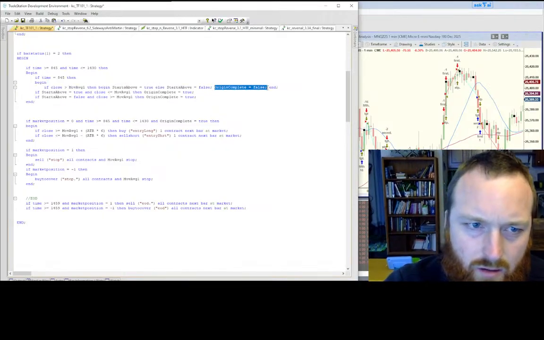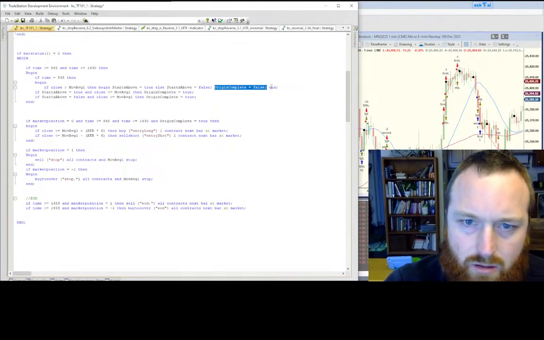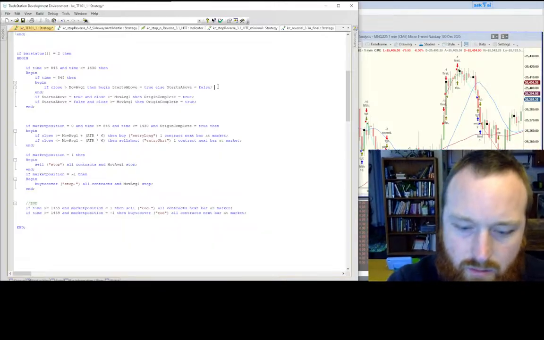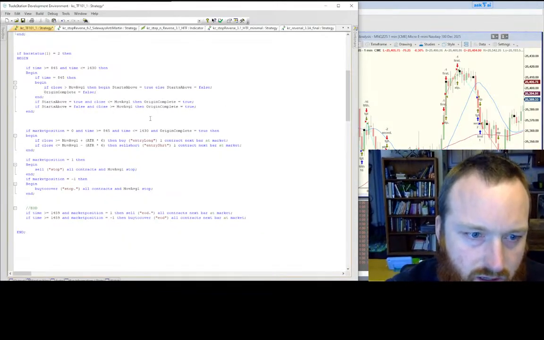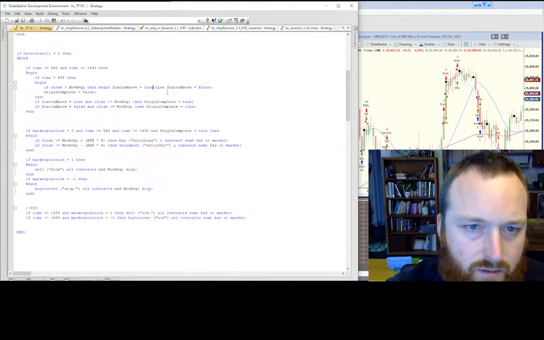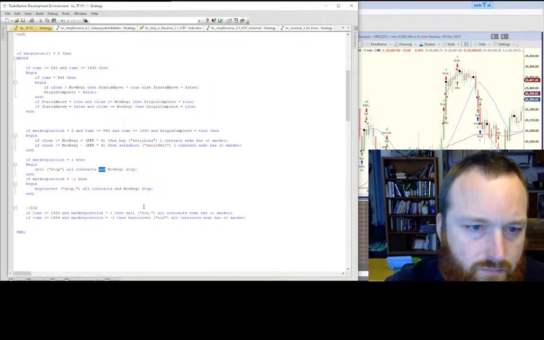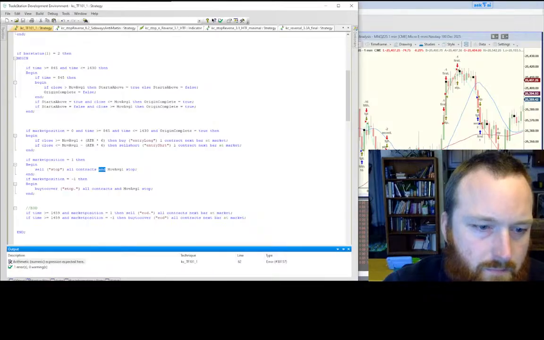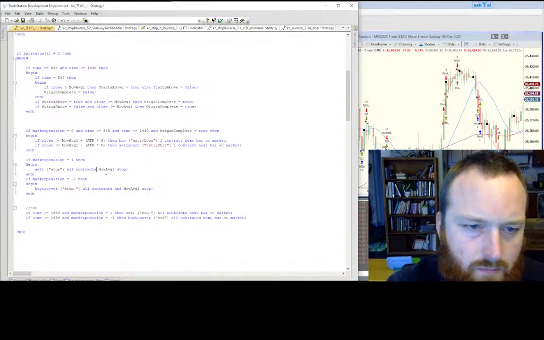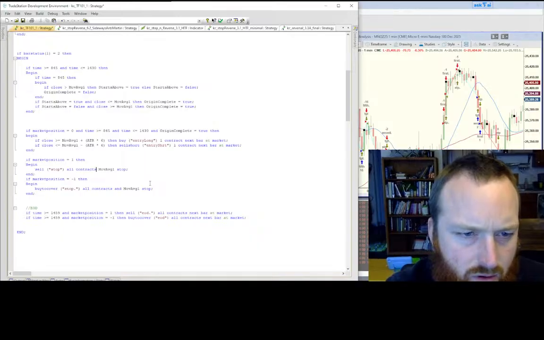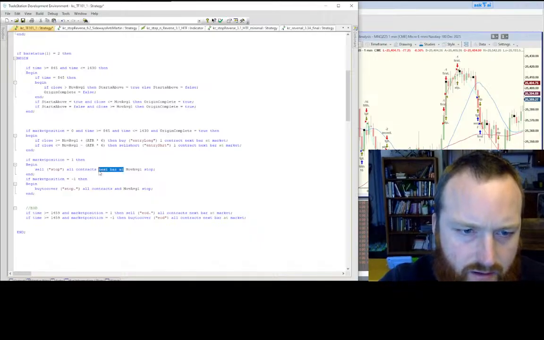By the way, origin needs to be false. Yep. Go ahead and see what happens now. What's wrong with this? Sell, stop, all contracts, next bar at, I don't know why I didn't have that in there.